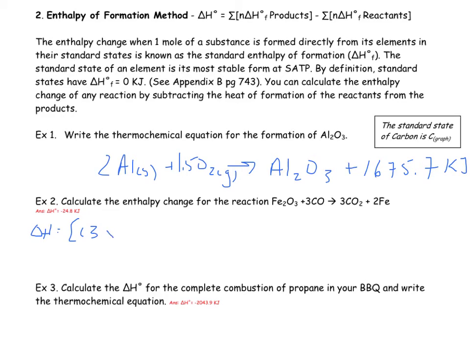I look up the enthalpy of formation of CO2 on page 743. My reaction also makes 2 moles of iron, but because it's an element in its standard state, its delta HF is 0.